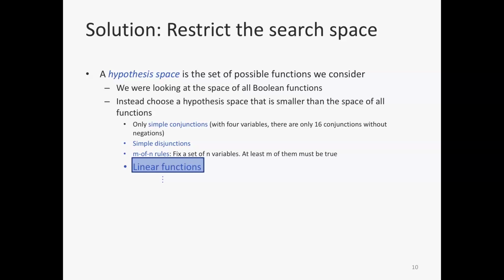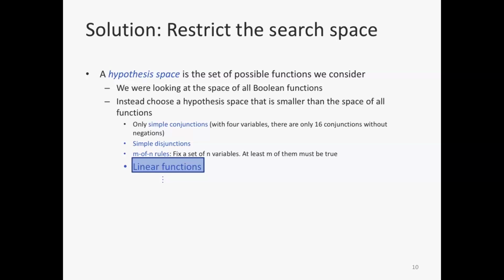A good part of machine learning is really the design of such function spaces that are easy to explore, are good enough on many interesting natural concepts, and can be implemented efficiently. We've seen one example of that, which is decision trees with depth limitations. Another example of that is linear functions, and that's what we're going to look at today.